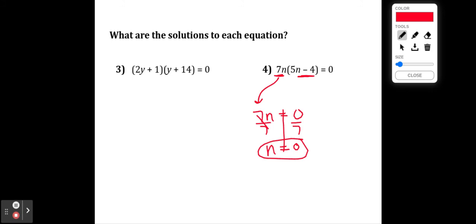And wouldn't that be true? If you plugged in 0 right here, 7 times 0 would be 0, and that number would be the one that was 0. Okay, but we've got another factor. So what if this was the one that was equal to 0? So I'm going to pull it down. Say, if 5n minus 4 was the one that was equal to 0, what would the value of n be?